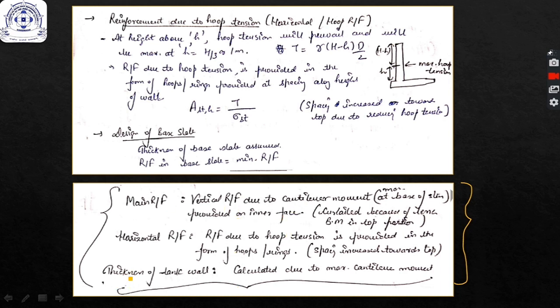The horizontal reinforcement here will be due to the hoop tension, which will be gamma (H minus h) d by 2, and it will be maximum at a height of small h from base or H minus h from top. Thickness of tank wall is decided on the basis of the maximum cantilever moment here, and in the previous case it was decided on the principle that the tensile stresses acting in the tank wall must be less than the permissible tensile stresses. So this was about the rigid base.